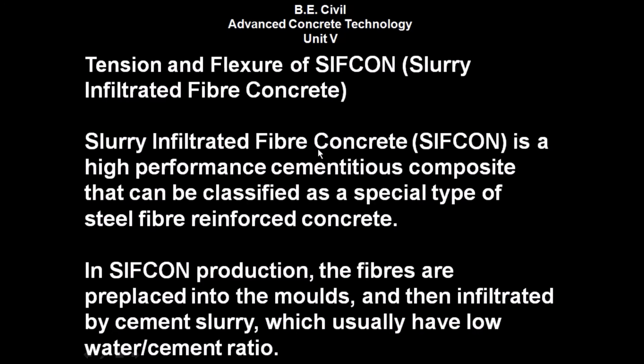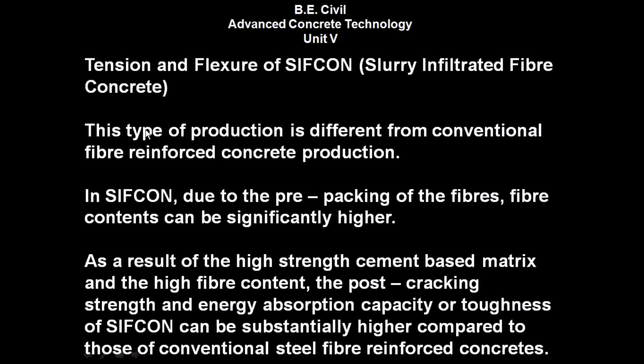Slurry infiltrated fiber concrete, that is SIFCON, is a high performance composite that can be classified as a special type of steel fiber reinforced concrete. In SIFCON production, the fibers are pre-placed into the molds and then infiltrated by cement slurry, which usually has a low water cement ratio. This type of production is different from conventional fiber reinforced concrete production.